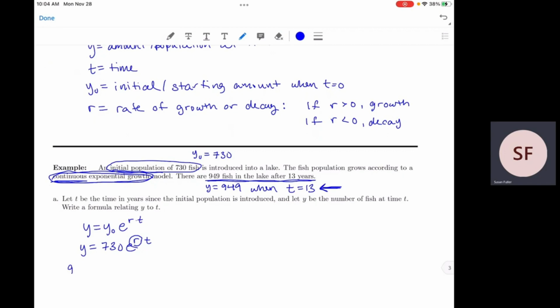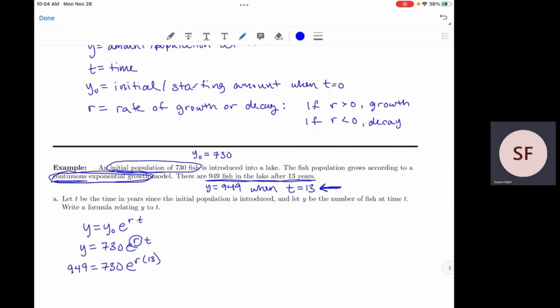So we know that y is 949 when our t value is 13. So we're going to plug 949 into y and 13 into t. And then we just have to solve for r.